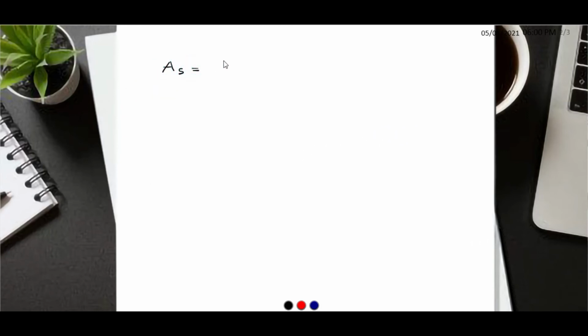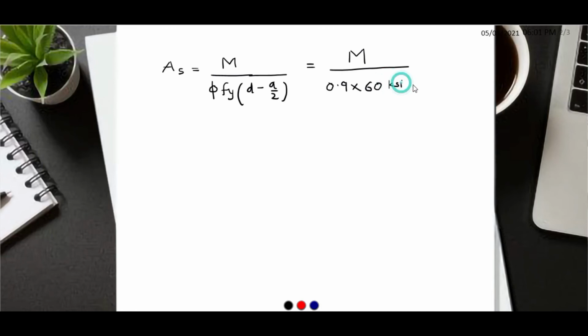Now let us find the area of steel as a function of M. Area of steel is given by M divided by phi times FY times D minus A. M value is changing because we have 4 different values of M. Phi is 0.9 for the given steel and concrete grade. FY is 60 KSI, times D. D is 7.5 minus A. The depth of neutral axis is 1.96 AS over 2.